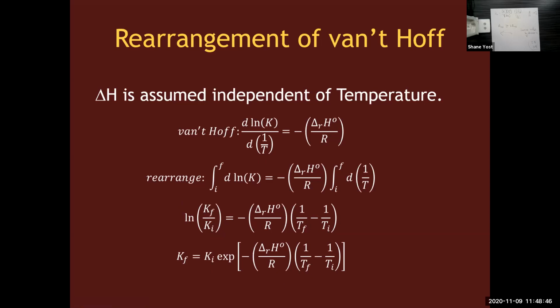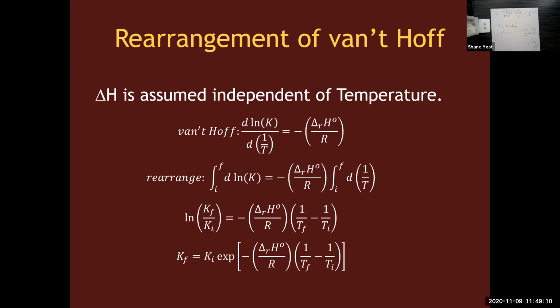It's not because it affects the pressures or the concentrations of your gases, but the fact that it changes the equilibrium constant itself. The equilibrium constant is dependent upon temperature. This relationship shows us how it depends on temperature. And so as your equilibrium constant increases or decreases, that affects whether or not you have more reactants or more products.